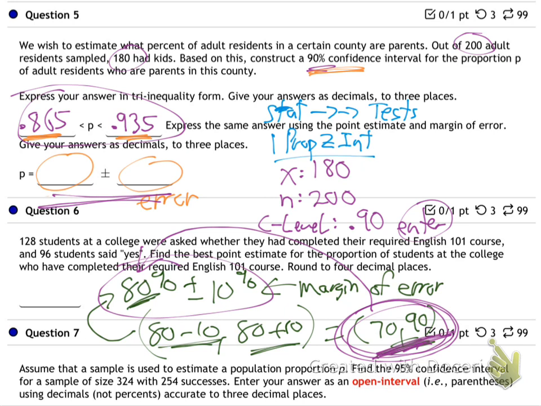Do you see how 80 is the very middle of 70 and 90? So when you have the two numbers, the way to find the front number, and we'll get the other one in a minute, is to find the middle of these two. And how do you find the middle of two numbers?